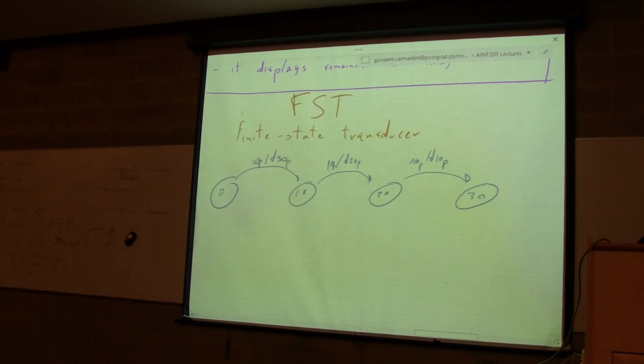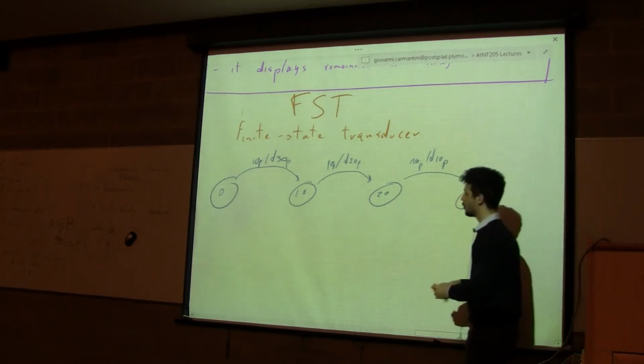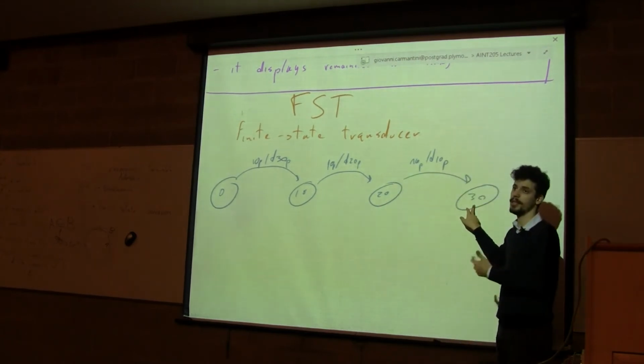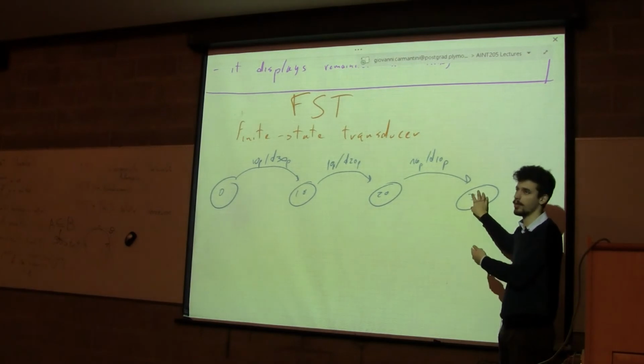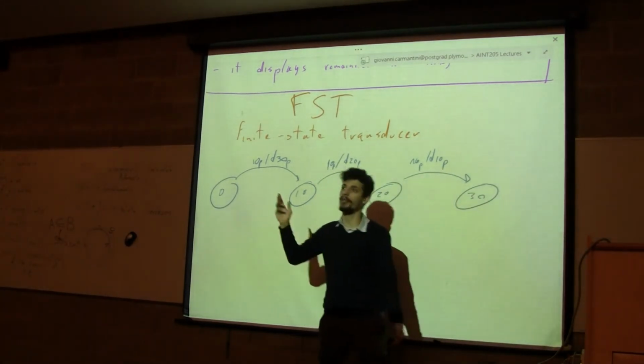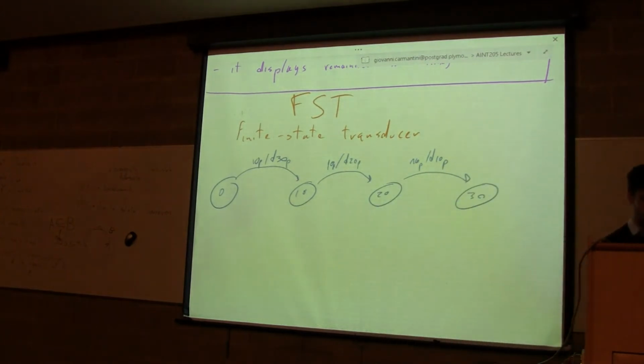And if I give another 10 pence, so here I've written the amount of money that is in the machine at this particular moment, right? If I input another 10 pence, the machine will give me coffee, okay? Because you paid the 40 pence. So 10 pence, coffee. Okay.